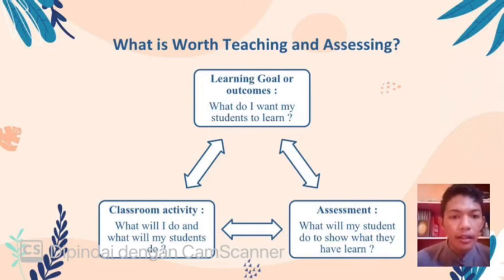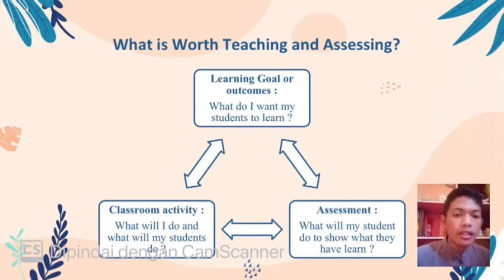After we decided what the students learn in the first step, what did the students understand, or what did the students know about what they have learned. And then the third is classroom activity.